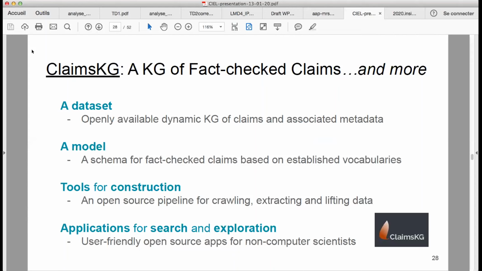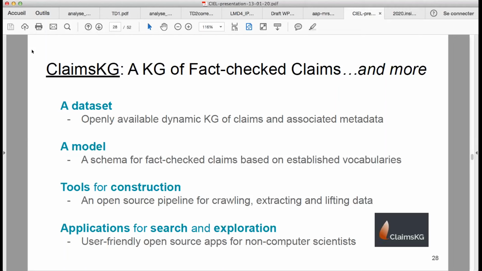But it comes with a model, a schema that describes knowledge about fact-checked claims, which is a subset of the schema, or at least inspired by the schema, that I have just shown in the first part of my talk. It also comes with a bunch of tools for its construction. So an open source pipeline that allows for harvesting data from different fact-checking sites and lifting it according to our model.